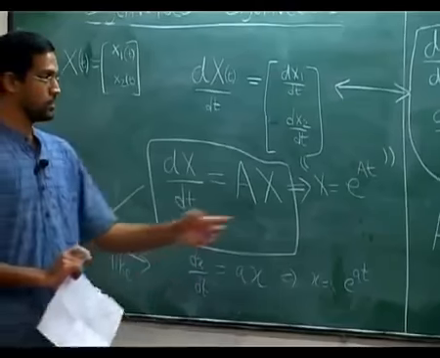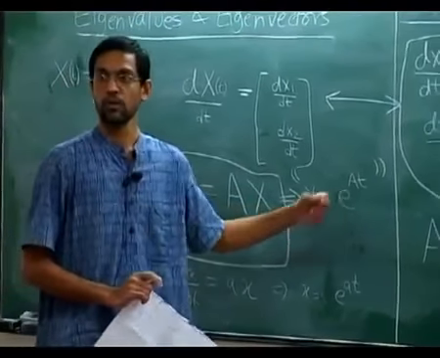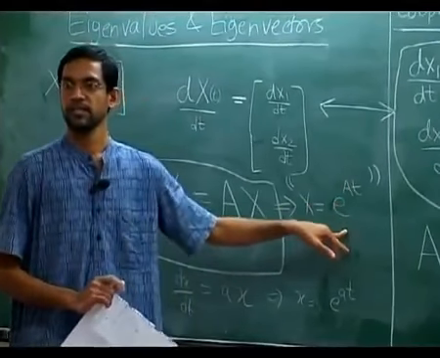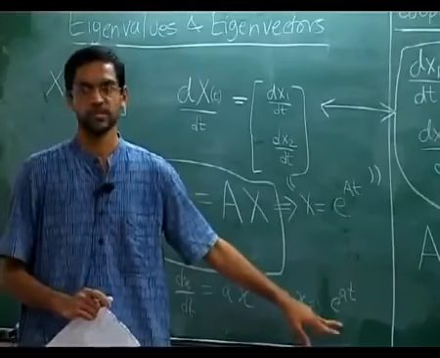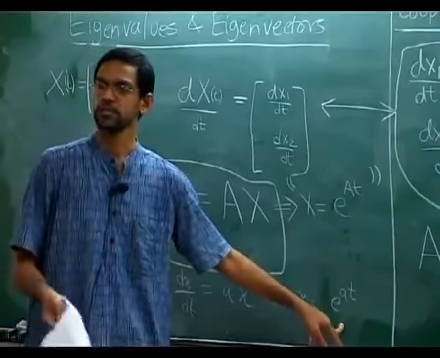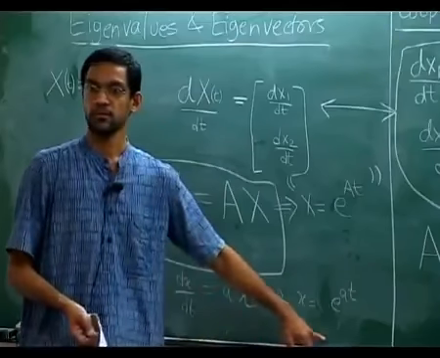Now just one last thing I'll say about exponentiating matrices. How would one possibly define such an object? How can you define the exponential of a matrix? We understand exponential of a number, right? Or do we? What is exponential of x, or what is exponential of t? How is it defined?